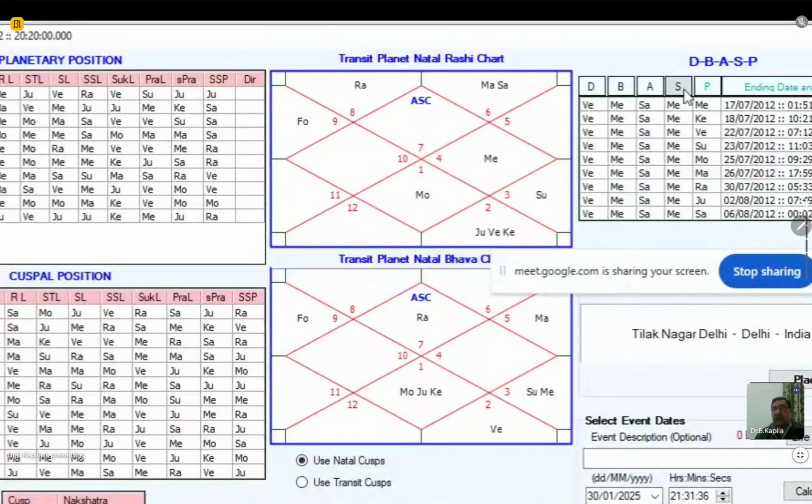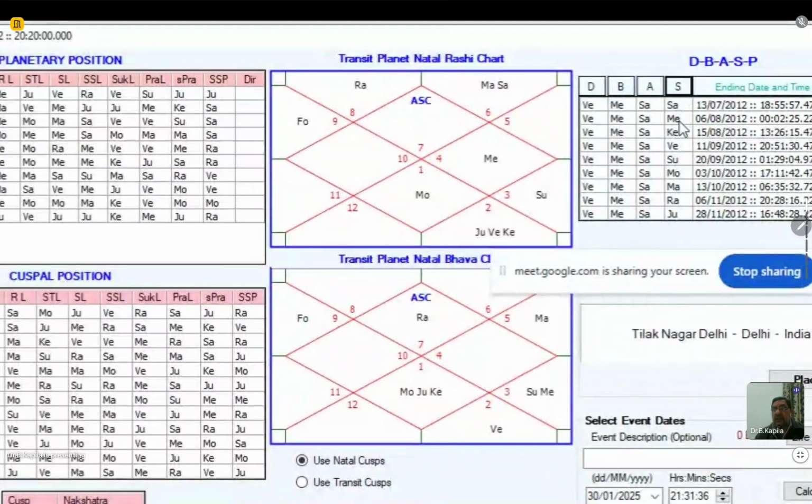Why is it so? Because Mercury Sukshma starts from 13/7/2012, remains up to 6/8/2012. So Sun here is at 27 degrees, thereby either it will be present in the Gemini sign or at the most it can be present in the Cancer sign.